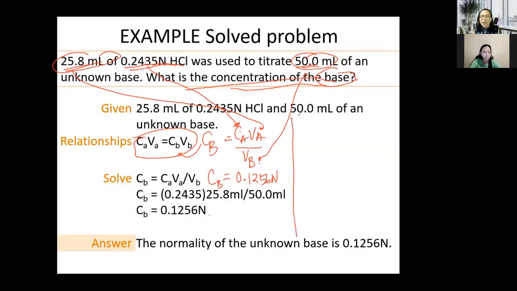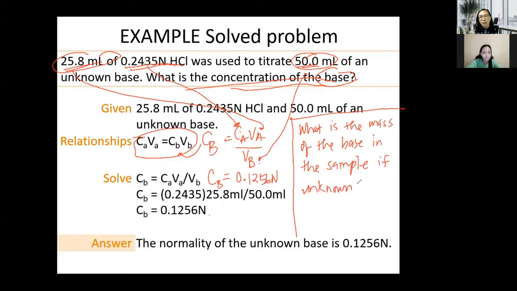Okay. What if there's a follow-up question? What is the mass of the base in the sample if unknown is sodium hydroxide?